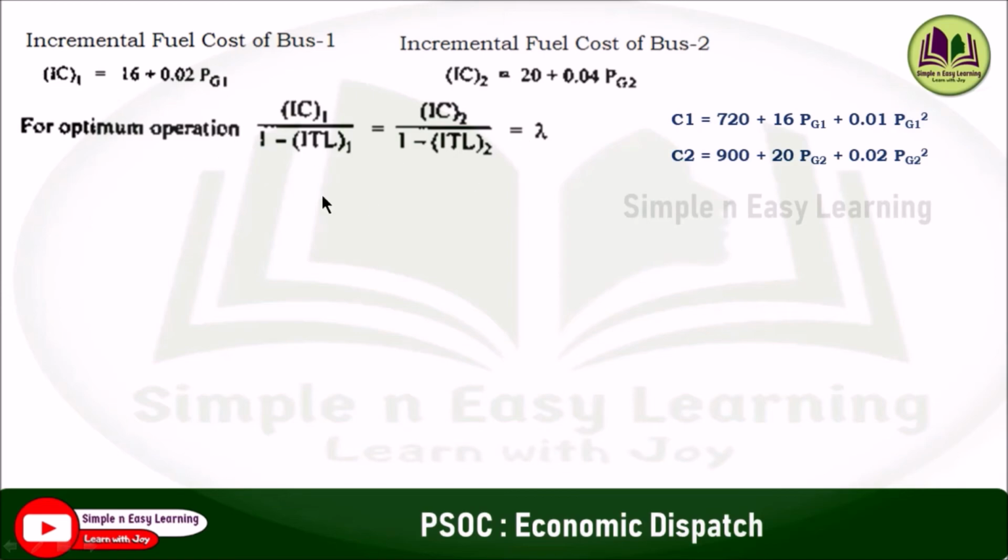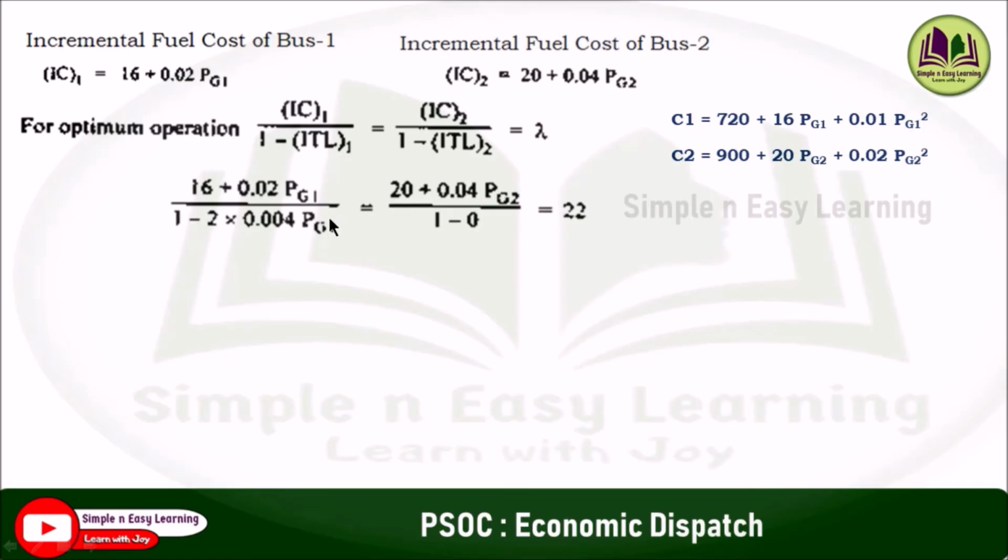The condition says IC1 divided by 1 minus ITL1 equals IC2 divided by 1 minus ITL2, which equals lambda. Substituting the previous equations, lambda is given in the problem as 22. Taking the first equation, 16 plus 0.02 PG1 divided by 1 minus 2 into 0.004 PG1 is equal to 22.